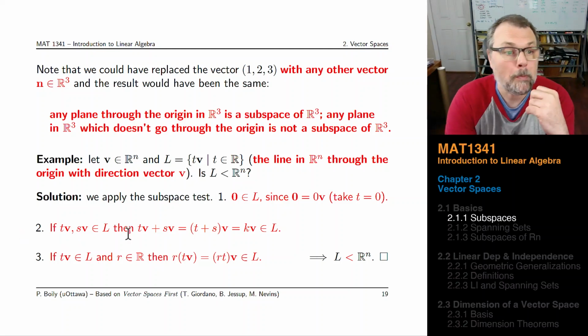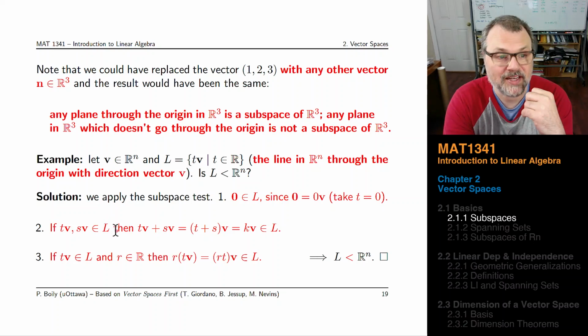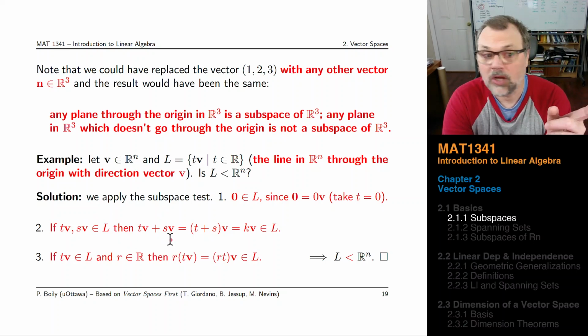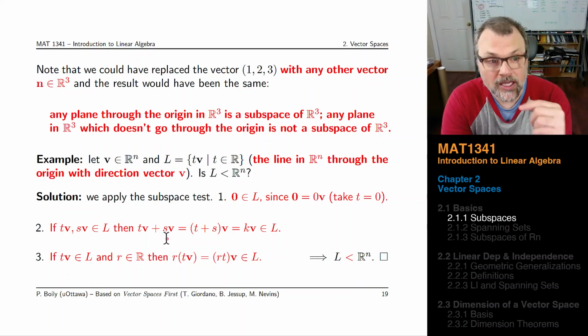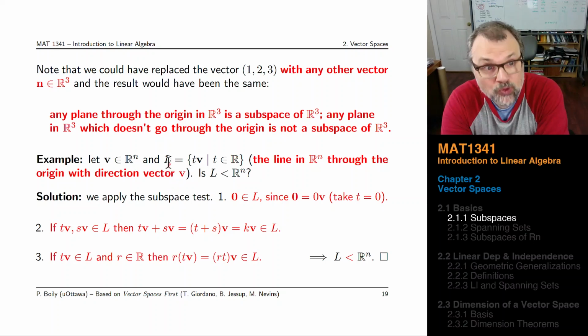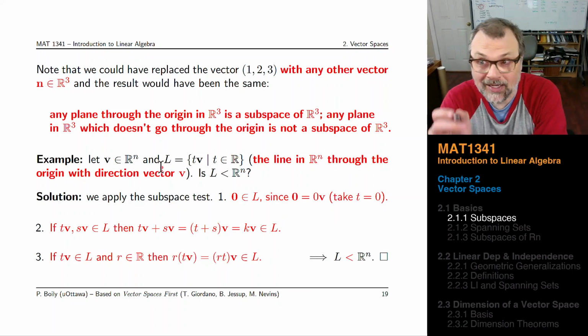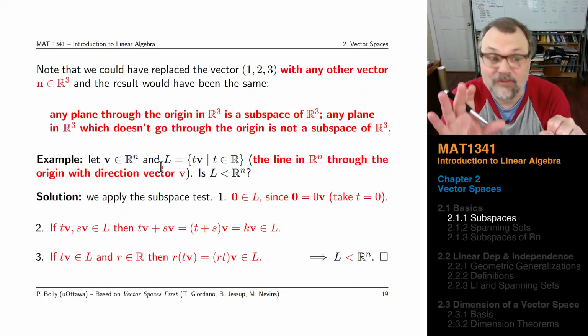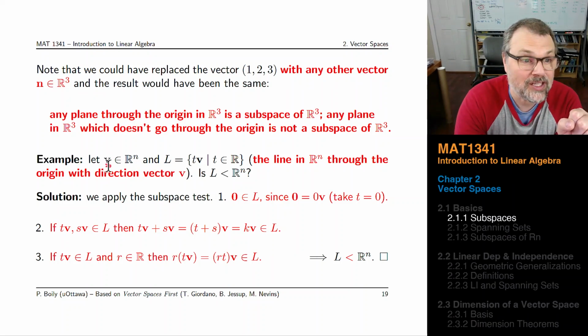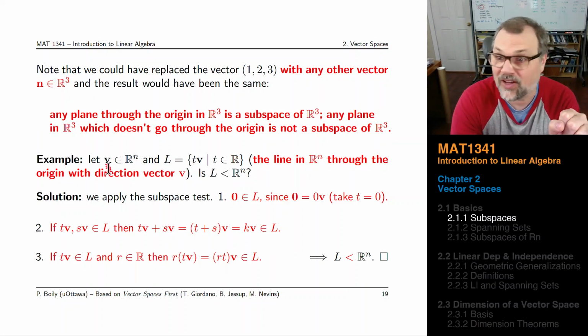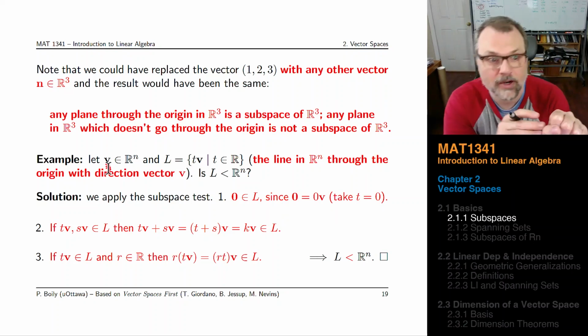So these are two elements of the set L. Their sum is also a vector, but the key question is whether their sum is a vector that happens to lie in L. What does it take for something to be in L? You need to be able to write it as a scalar times v, whatever that specific v here is. Even though it's unknown, it's fixed, it's specific. It's not a variable there.